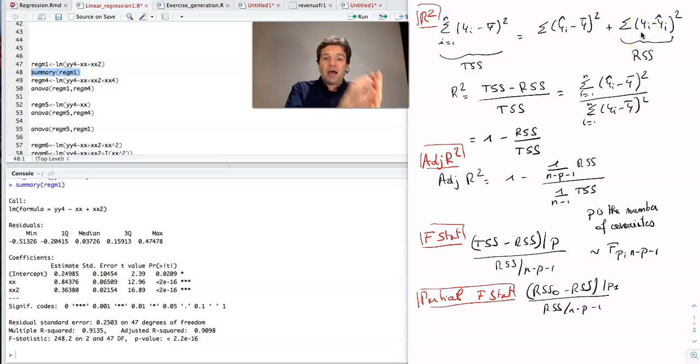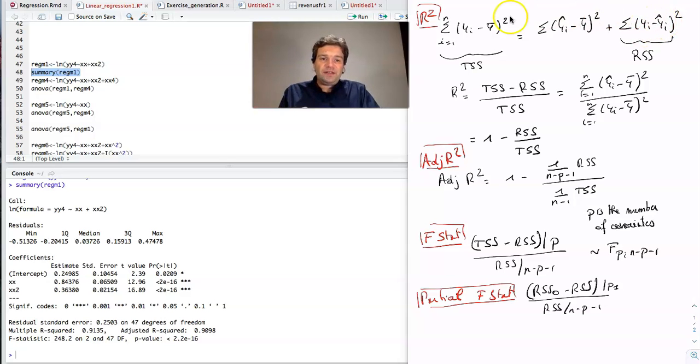It corresponds to the residuals, yi minus beta naught hat minus beta 1 hat x1 minus beta 2 hat x2. This is yi hat. Thus we have here a residual sum of squares. This formula can be easily shown if we do not estimate the intercept, the beta naught.